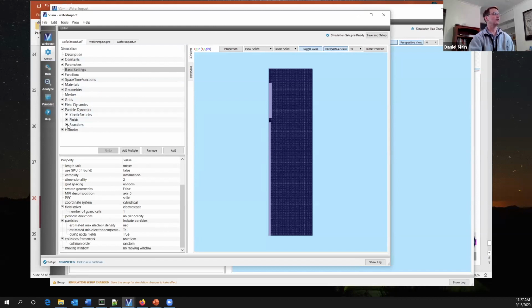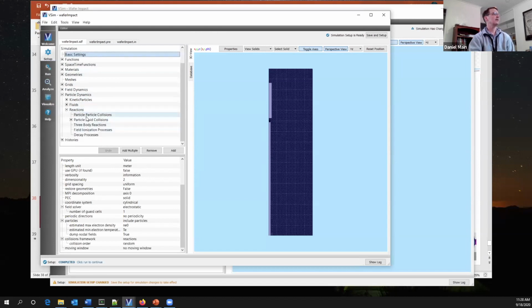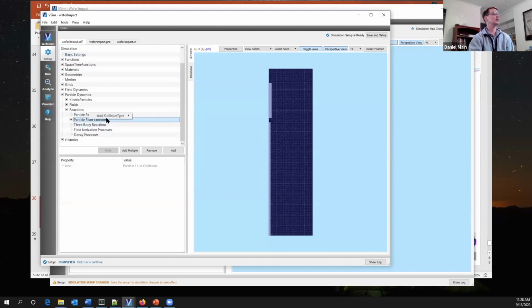Some people may use other ones. And then once you include the reactions, you'll get this new tab here, which won't appear unless you include the reactions framework. And then expand. And then here you have particle-particle collisions, particle-fluid collisions. So if you right-click here, then you get that charge exchange option.